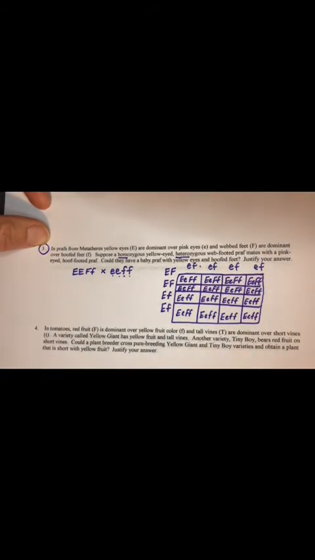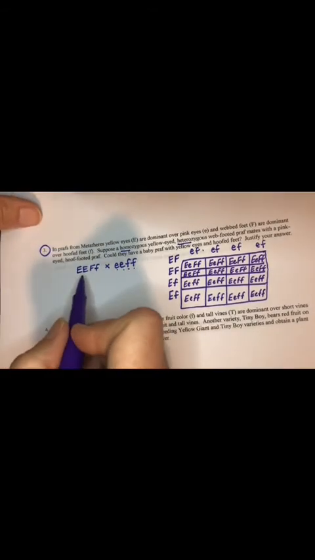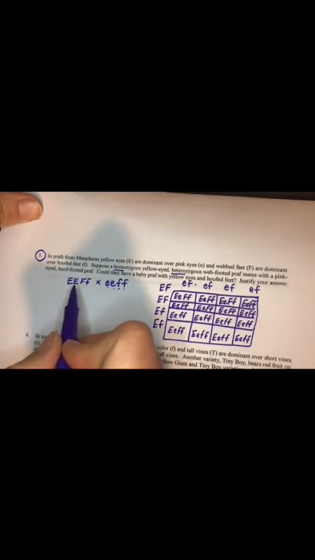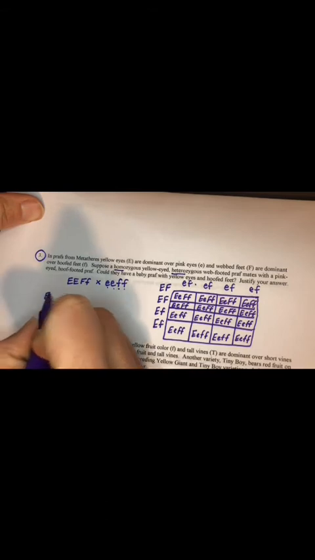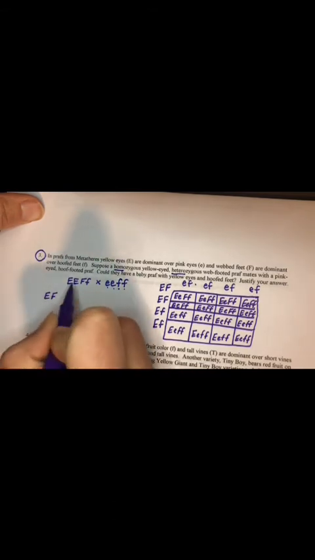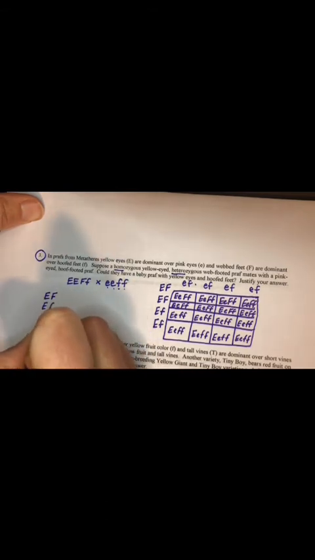If you look at this one, the combinations that this parent can donate are big E, big F, or big E, little f. Are there any other combinations that parent could possibly donate? No, because it has only big E's. So it can do big E, big F, or big E, little f.